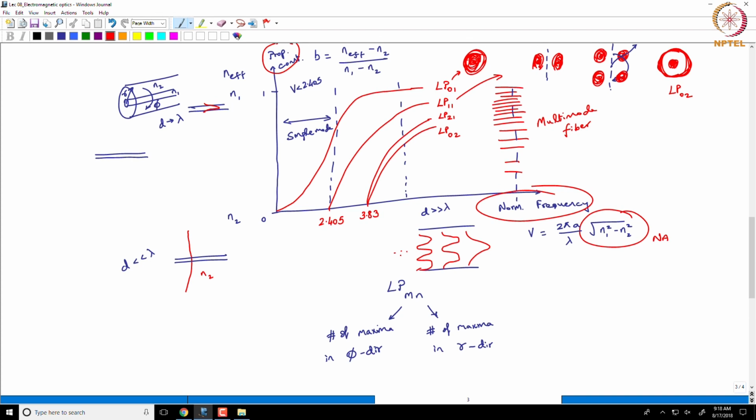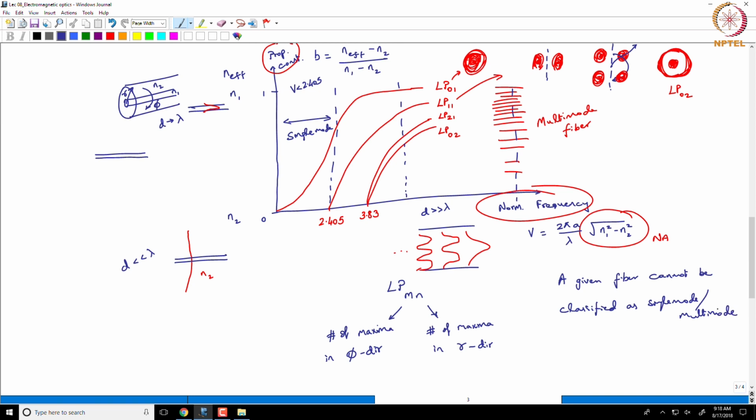but the key point that I wanted to make, maybe I said that towards the end of last class, but I did not emphasize enough, is a given fiber cannot be classified as single mode or multimode.